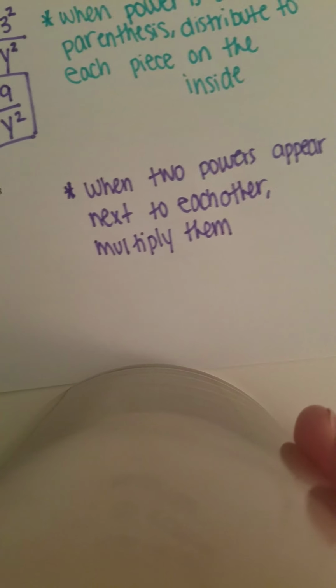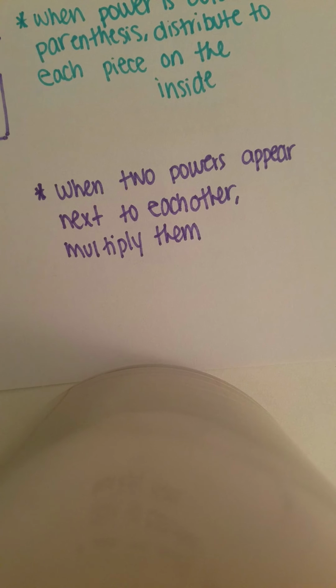So whenever there's 2 powers that appear next to each other, we are going to multiply them. Just like if you had a 2 and a 3 next to each other in an equation, you would multiply. We are going to multiply here.